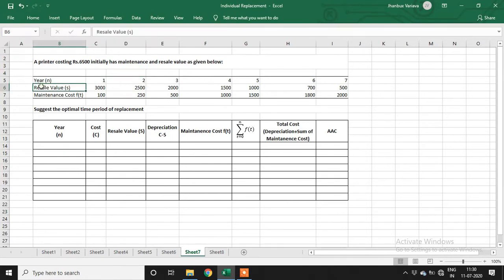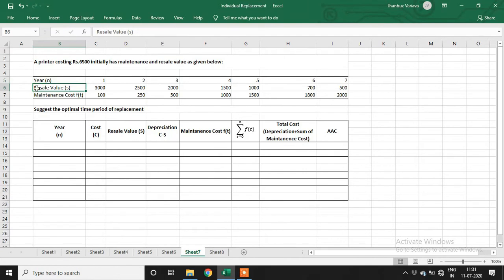So this is the table where we are given the resale value and the maintenance of our printer, which is costing us 6,500. There are years given from first year, second year, third year, fourth year, fifth year, 6 and 7 years. So in total 7 years are given to us.